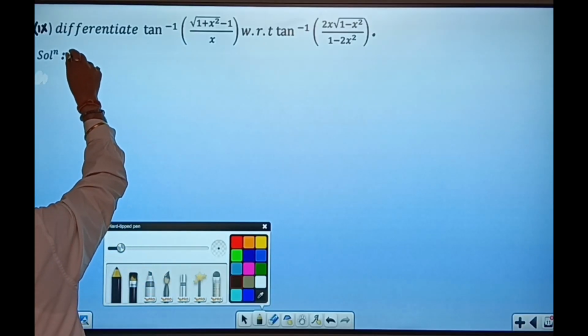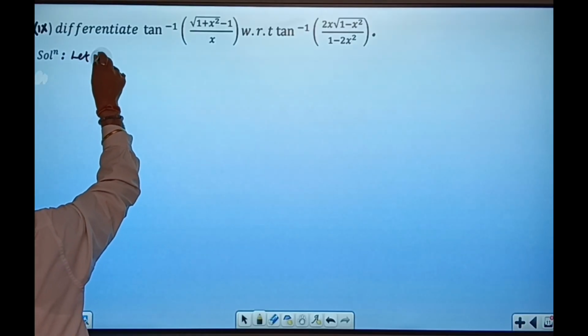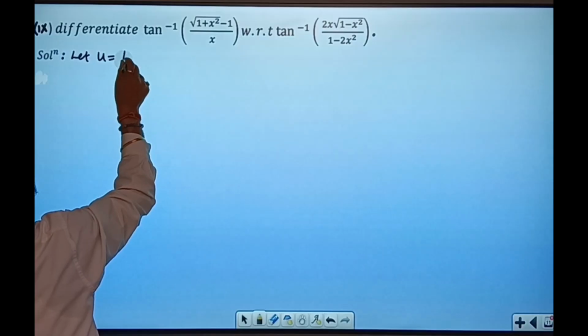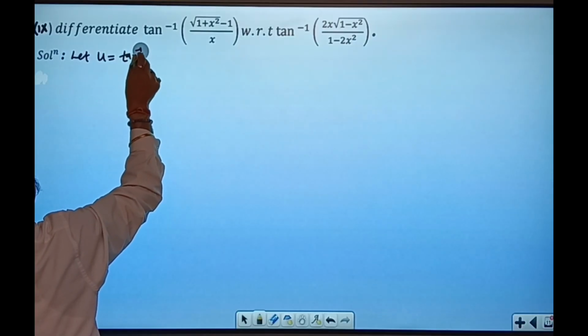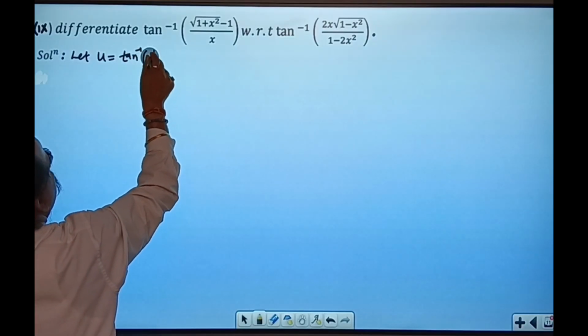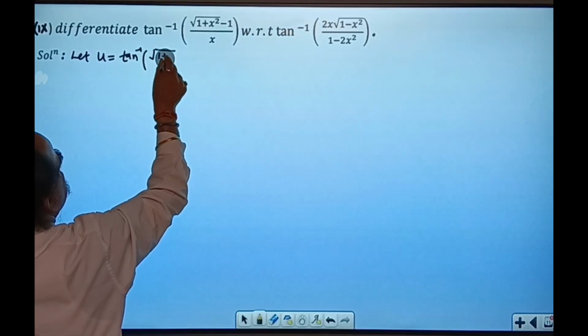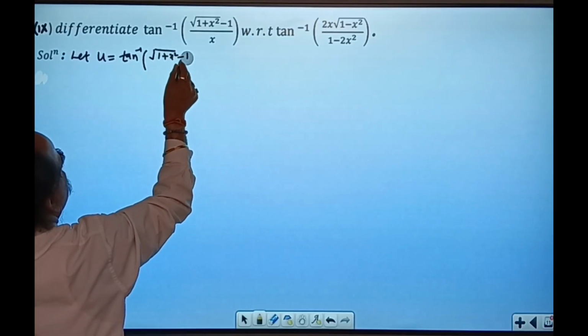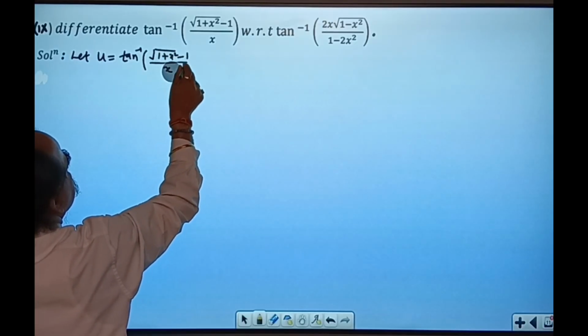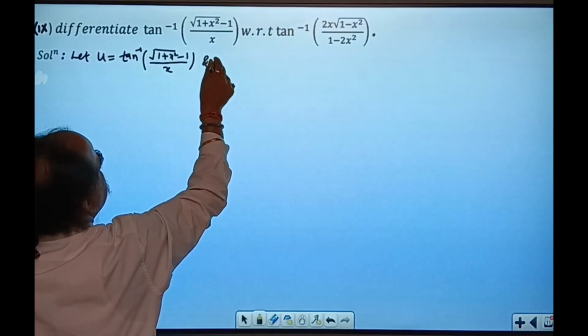Let u is what? Tan inverse root 1 plus x square minus 1 upon x. And v is what?